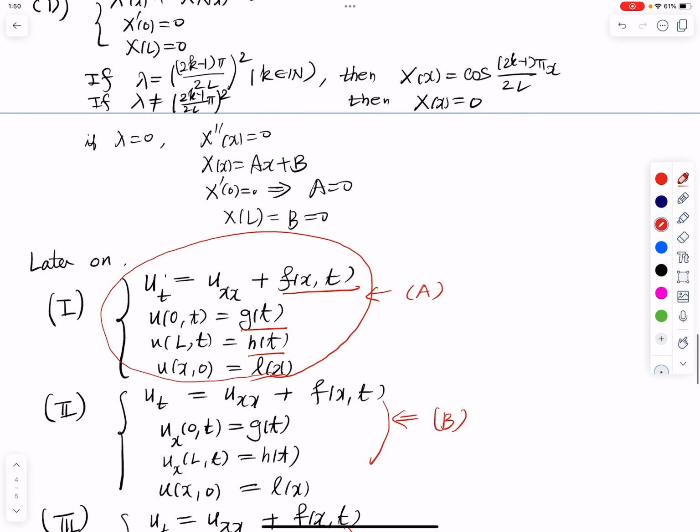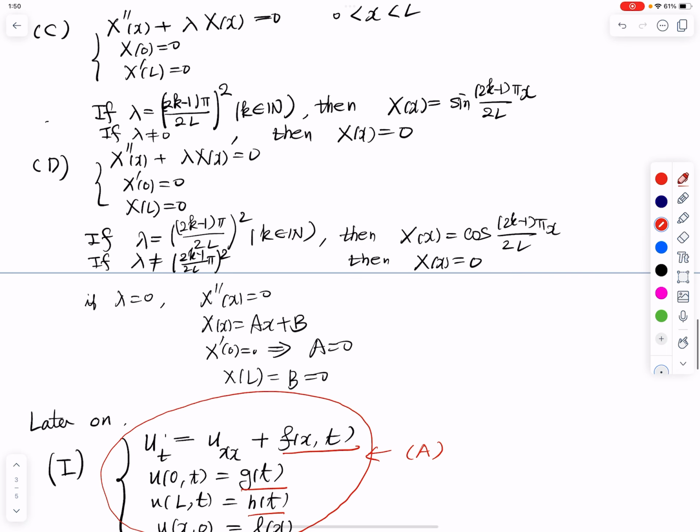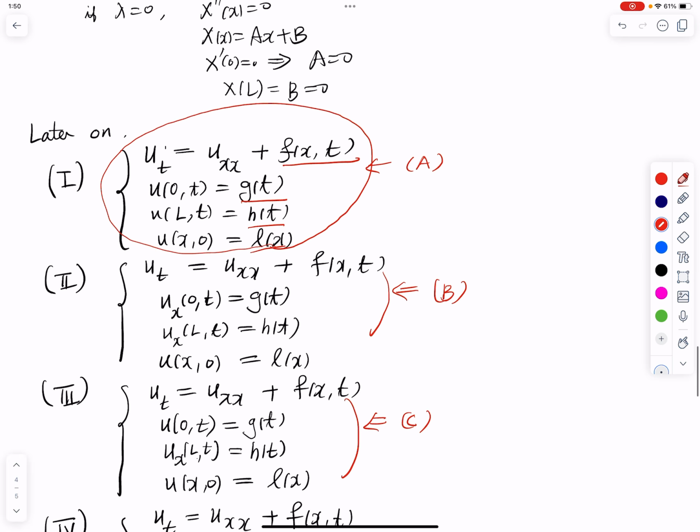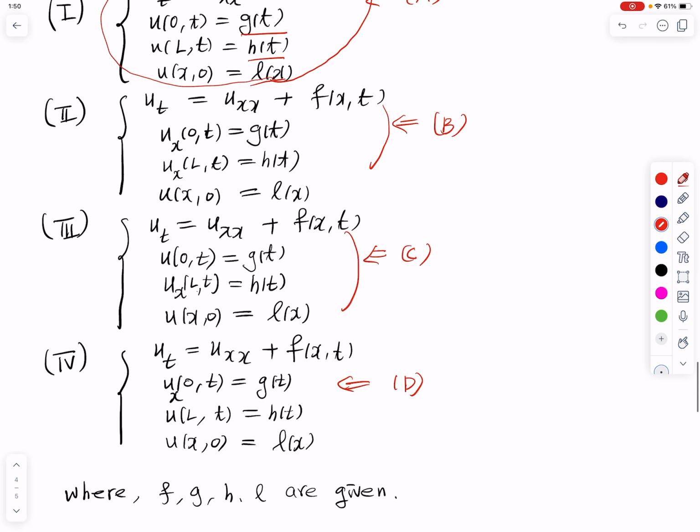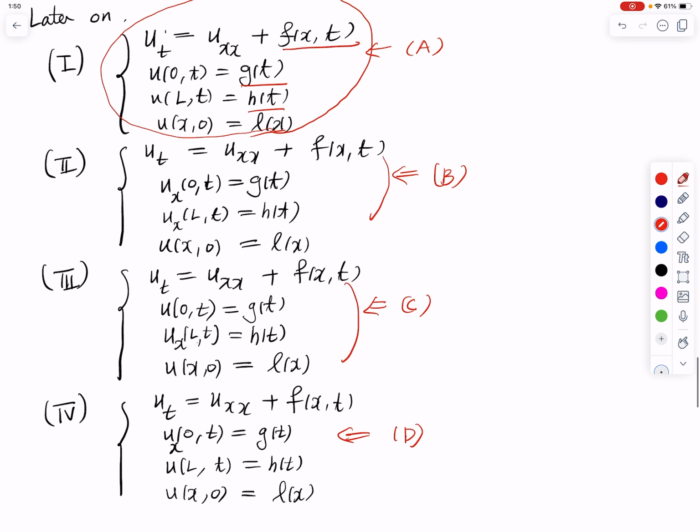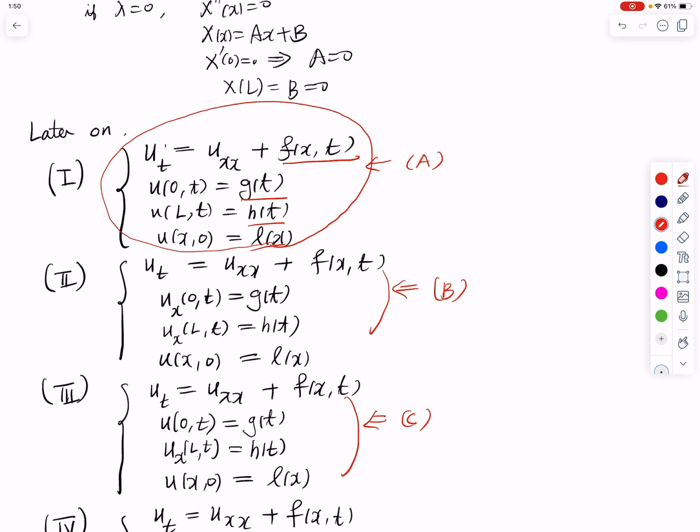Okay, so if I give some examination problems, I have just 8 options, right? Boundary conditions. So we have 4 different problems with the same equation.